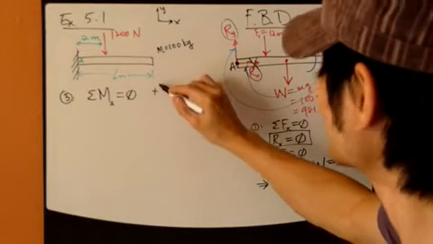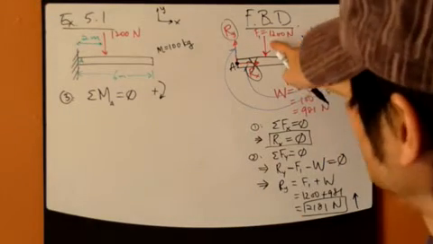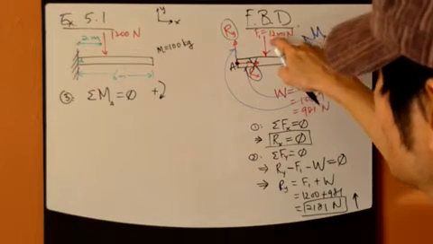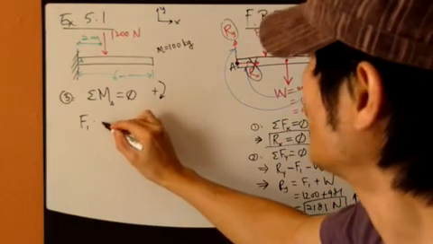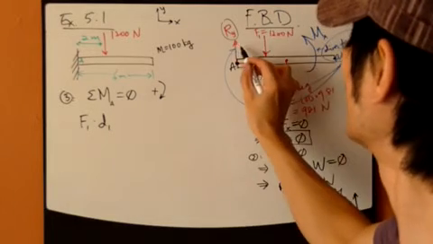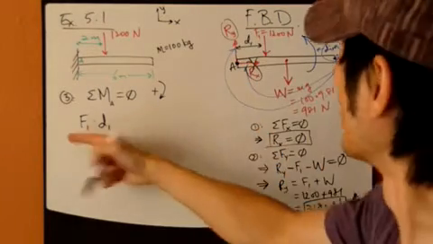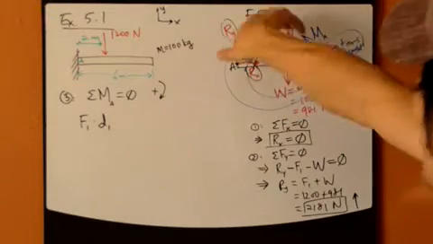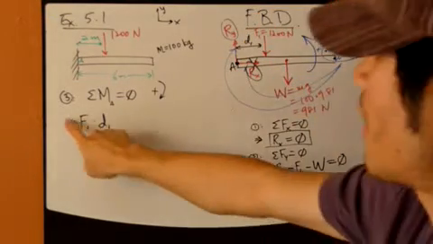I'm just going to say clockwise. The first moment comes from this force, so it's F1 times, let's say, D1, where D1 is this distance. This force about point A would create a clockwise moment, so that's positive.